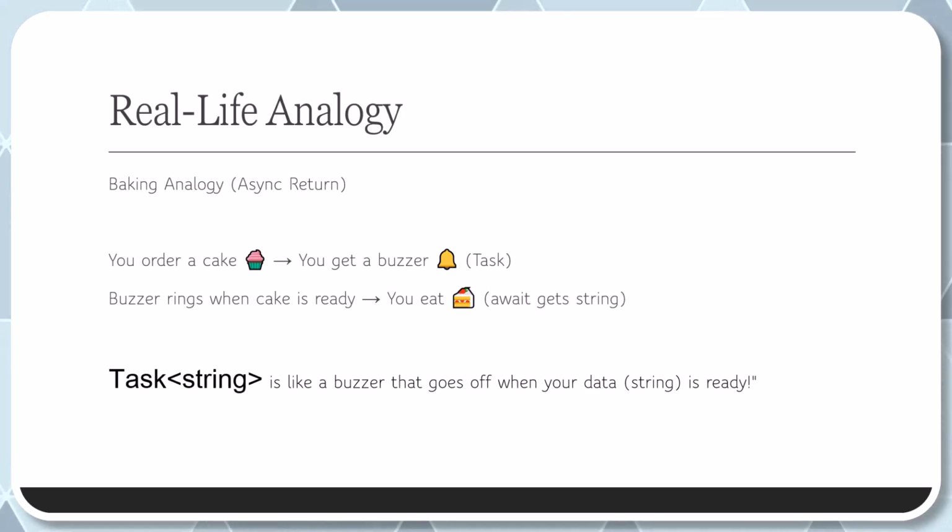Real life analogy, a baking analogy: you order a cake, you get a buzzer, the task. The buzzer rings when the cake is ready. You eat the cake. Await gets the string. The Task<string> is like a buzzer that goes off when your data string is ready.